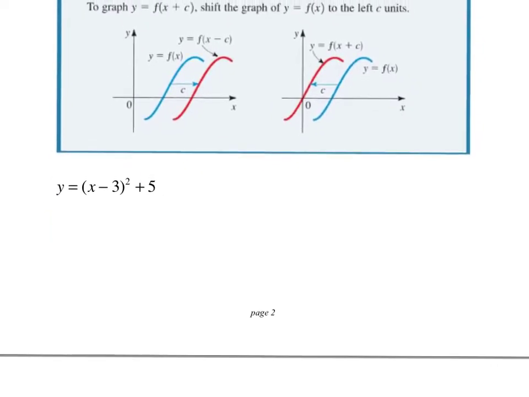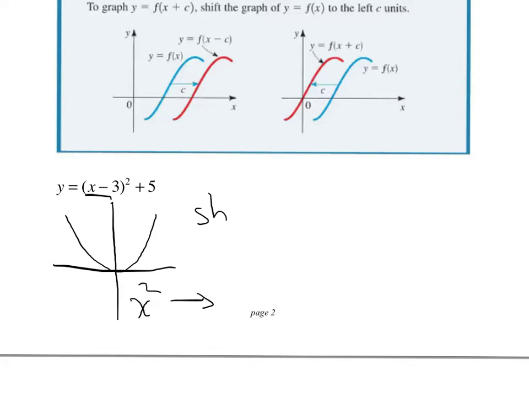This one, 2 shifts are happening. The first shift is a horizontal shift 3 units to the right. So we start with the graph of x squared. That's the graph of x squared. And now we shift horizontally, let's see, horizontally 3 units to the right.